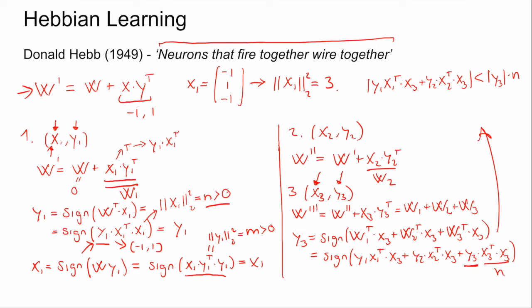So that essentially means that we need y3 to be greater than the absolute value of y1 x1 transpose times x3 plus y2 x2 transpose times x3, divided by n.